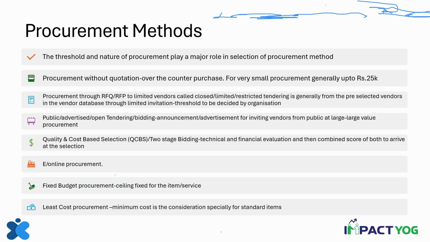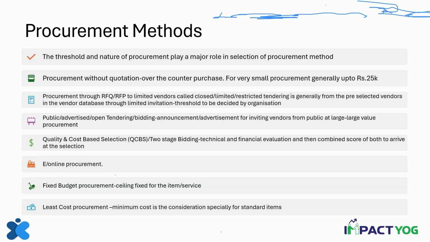Then the next one is open bidding, where you are asking everybody who is eligible to quote, because the value of that procurement is very high. It's sometimes called public bidding. It's sometimes called advertised bidding. You advertise it on your site or in some newspaper or in some portals available for vendors to know that you have an RFQ or RFP which is out in public for quotation.